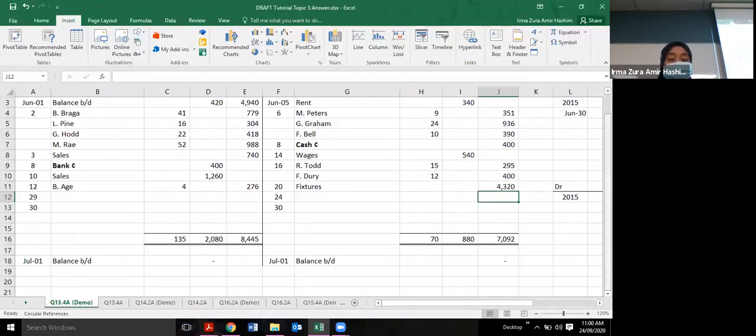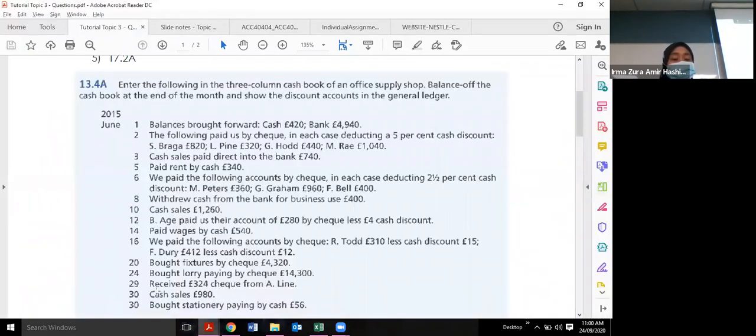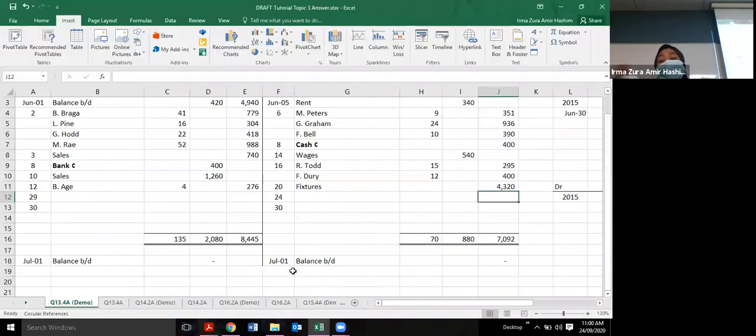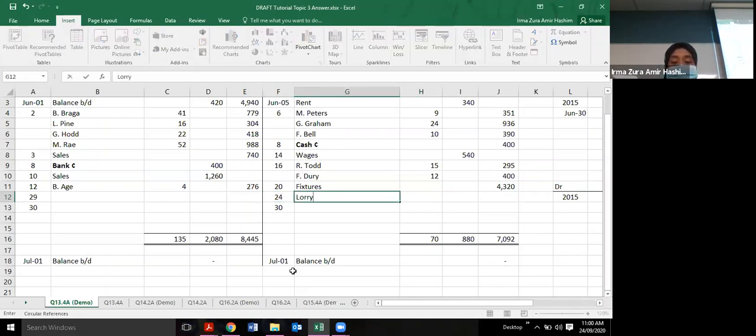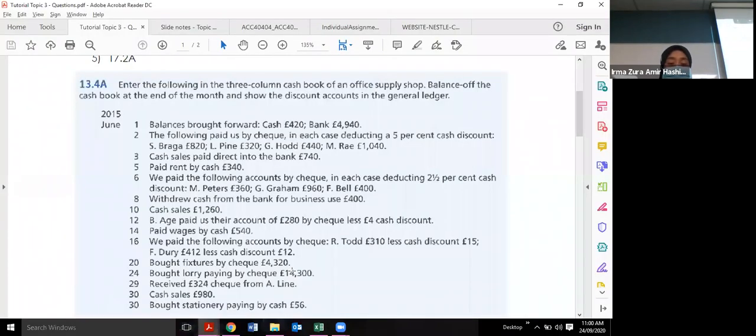Okay, down here. And then 24th June, bought lorry paying by check 14,300. So this one also the same, because it is an asset, right? So your bank account will become lesser. So here you write lorry 14,300.